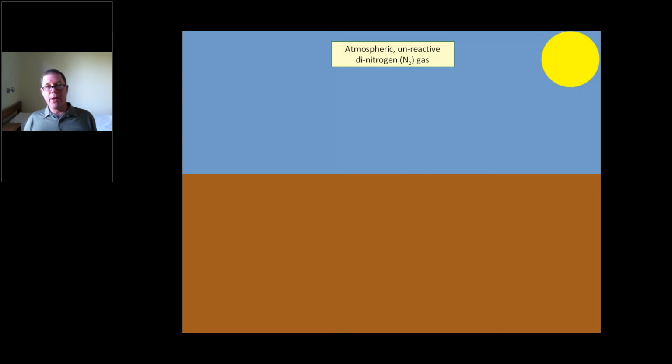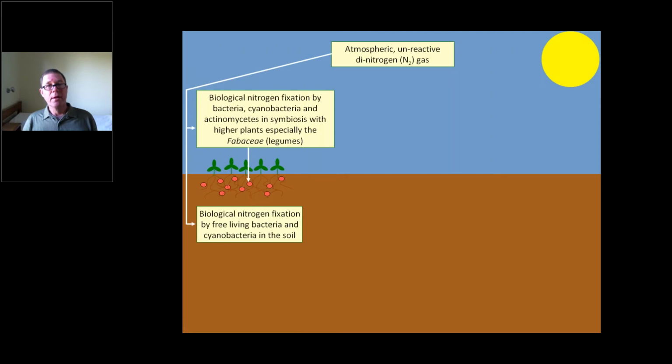If you're going to start supplying nitrogen organically, you need to get your heads around the nitrogen cycle. This is the most basic version of the nitrogen cycle you need to understand as a biological nitrogen manager. All our nitrogen comes from the atmosphere. The entire planetary reservoir of nitrogen is the atmosphere, but it's in the form of what's called dinitrogen gas, N2.